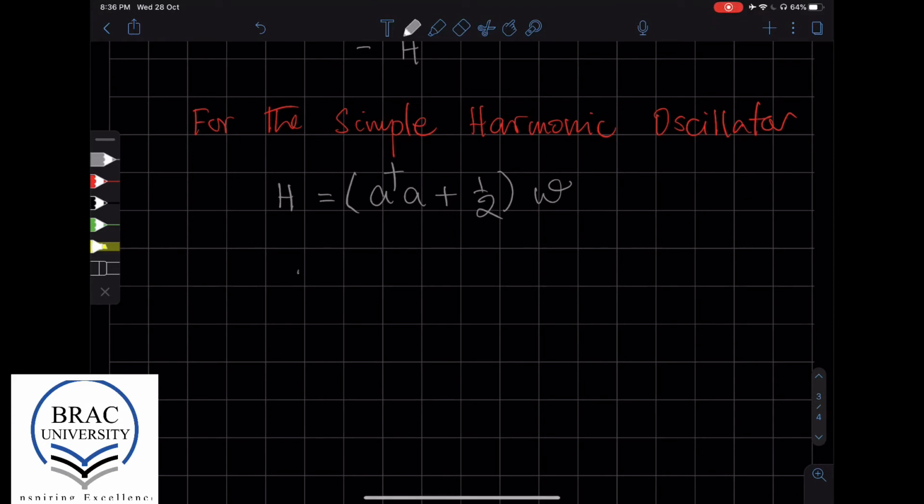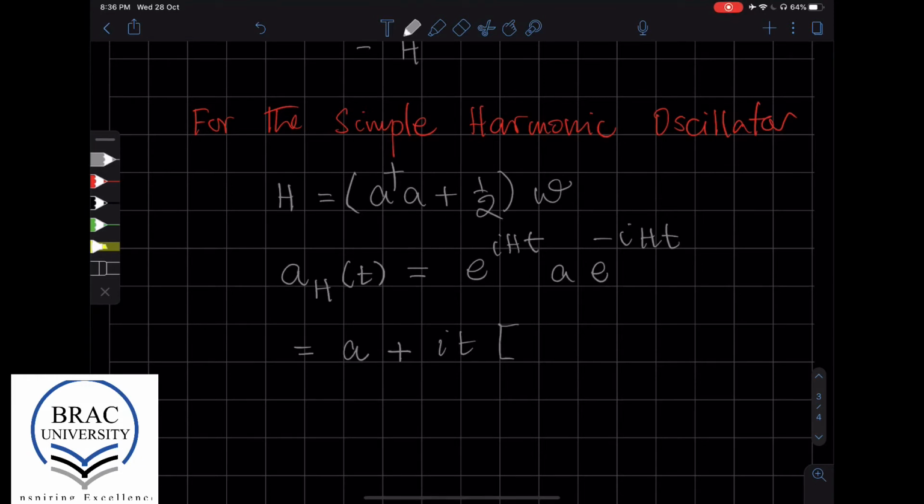So then the annihilation operator a_H(t) is given by e to the power iHt times a times e to the power minus iHt. To evaluate this, we use the BCH formula, and according to the BCH formula, we get a power series. The first term is just a. The second term would be it and the commutator of H and a.